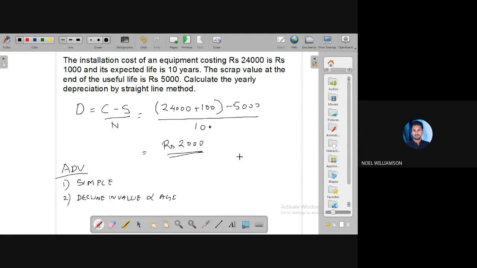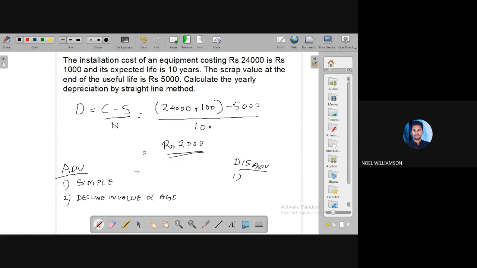Now as a disadvantage, or limitation, the first point is that in real time, things do not depreciate uniformly, or we cannot say that the change is proportional or linear.